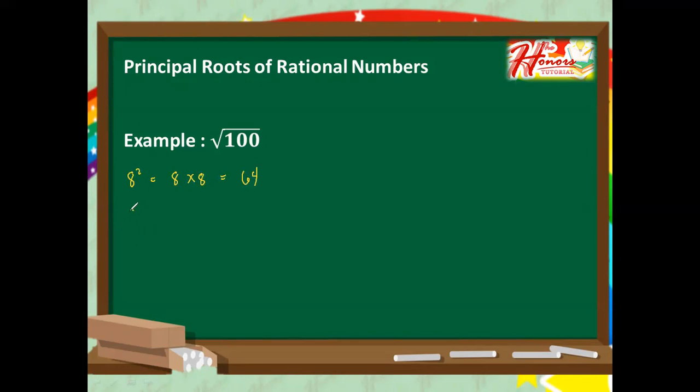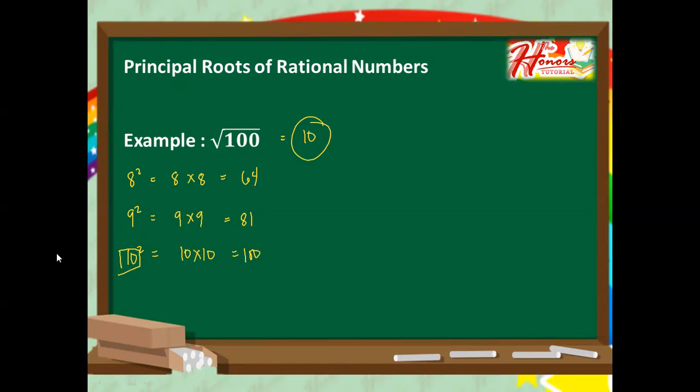How about 9? 9 raised to 2 meaning 9 times 9? So that is 81. It is not also. How about 10 raised to 2? So that's 10 times 10, that's 100. So therefore, the answer is 10. Please have the base only. Do not include the exponent. So the answer here is 10.